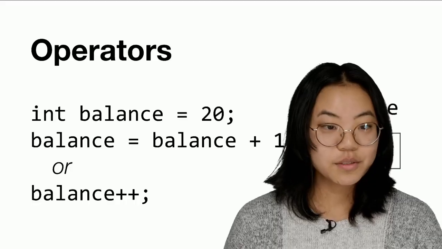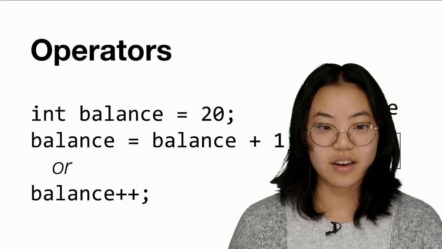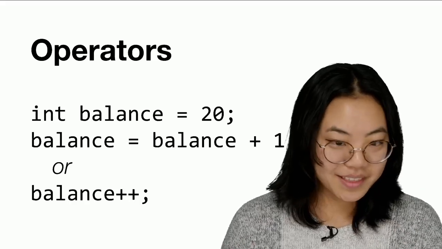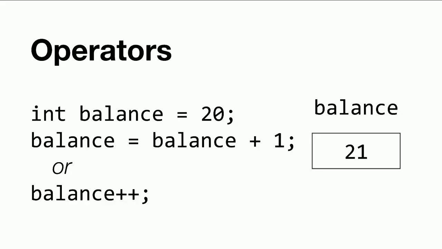Okay. We can also do a number of operations on our variables, just like how you've normally done in math. We can increment. So if I wanted to add 1 to balance, I could do balance equals balance plus 1. Or another, quicker way of doing so would be balance plus plus semicolon.